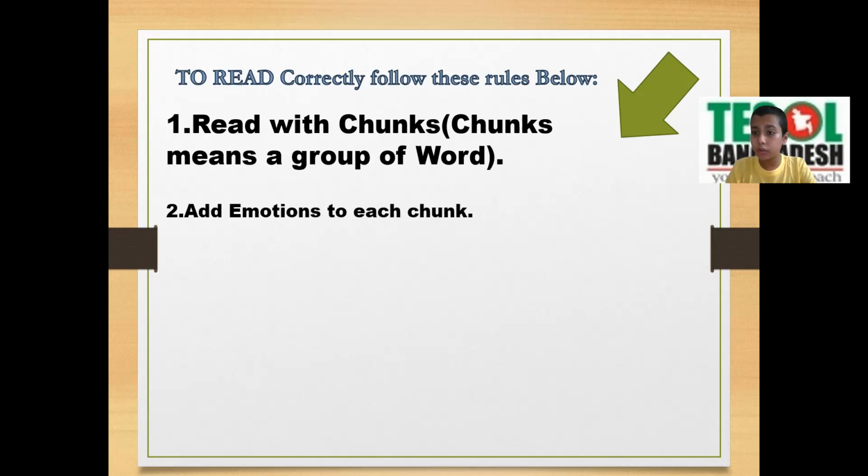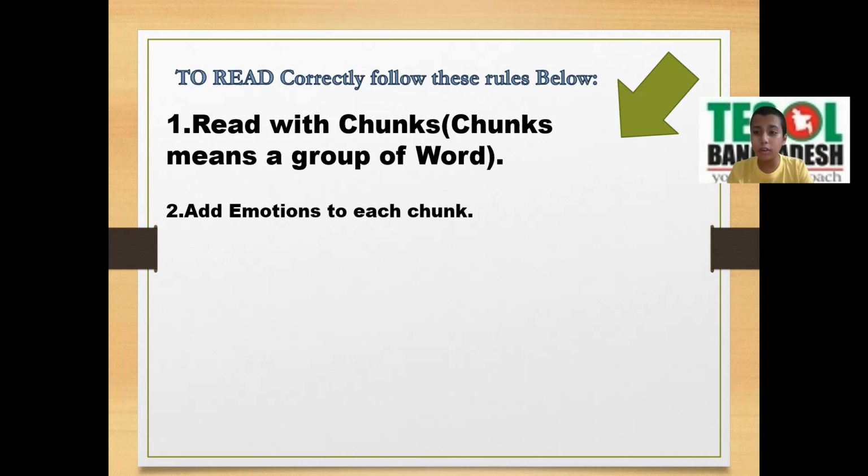Now, number two, add emotions to each chunk. You know that we have learned the chunks definition in the first point. Chunks means a group of words, and in each group of words, we need emotions. For example, in case of happiness, when we get any prize or any surprise, then we become happy, like, oh, I'm very happy, oh my God.